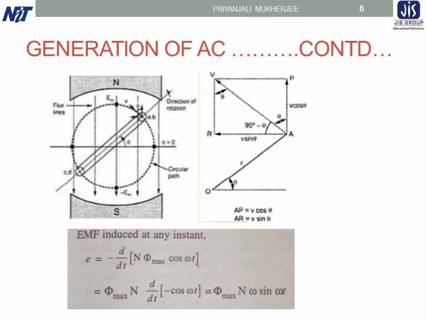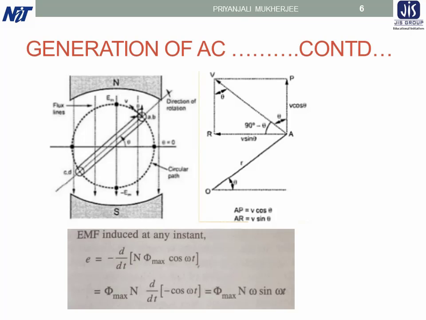In this position, the component of flux perpendicular to the plane of the coil is phi max cos omega t. The flux linkage of the coil at this instant is the number of turns times the linking flux, so the instantaneous flux linkage is n phi max cos omega t. Now how much EMF is induced? The induced EMF at any instant is given by e equal to minus d by dt of n phi max cos omega t.